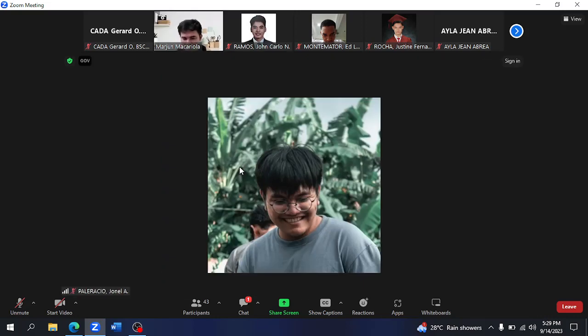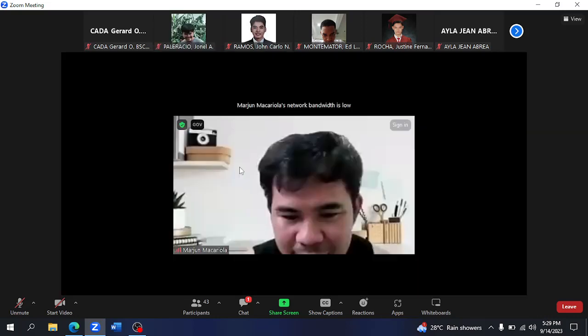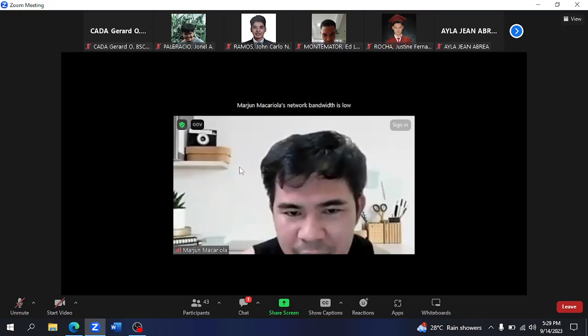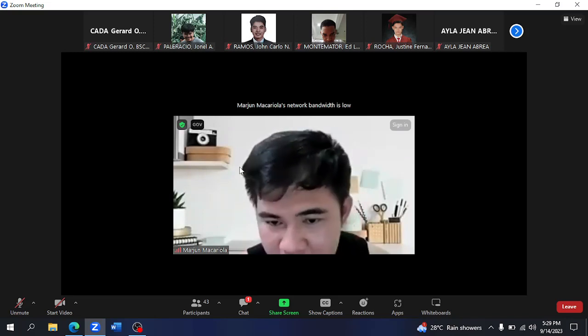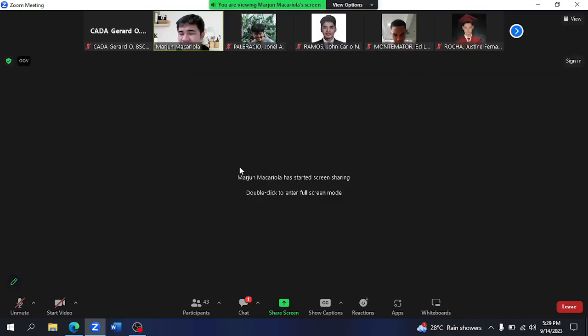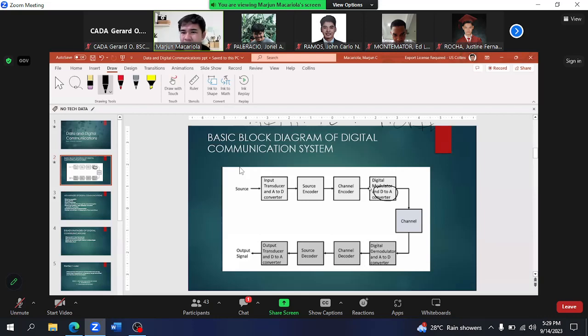Okay, so kanina, sige, balik tayo dun sa ating block diagram. So as you can see, the digital signal is again converted into analog signal. Why? Because the channel or the medium only reads an analog signal.